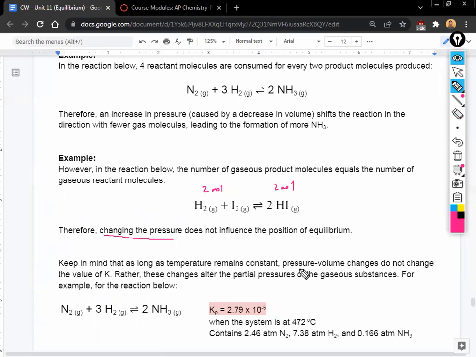If the number of moles on the left and right are the same, changing the pressure doesn't change equilibrium, because regardless of which side it goes, it's going to have the same amount of pressure. So again, if you have the same number of moles of gas for reactants and products, changing the pressure will not change the equilibrium.